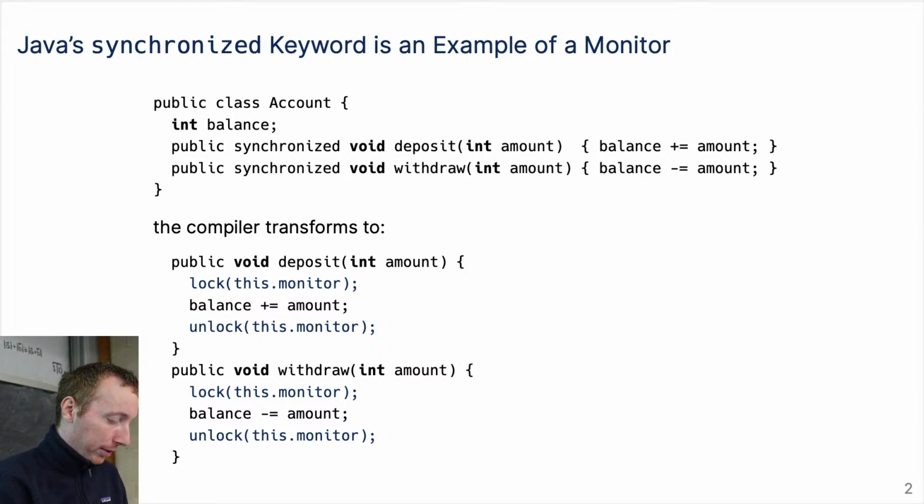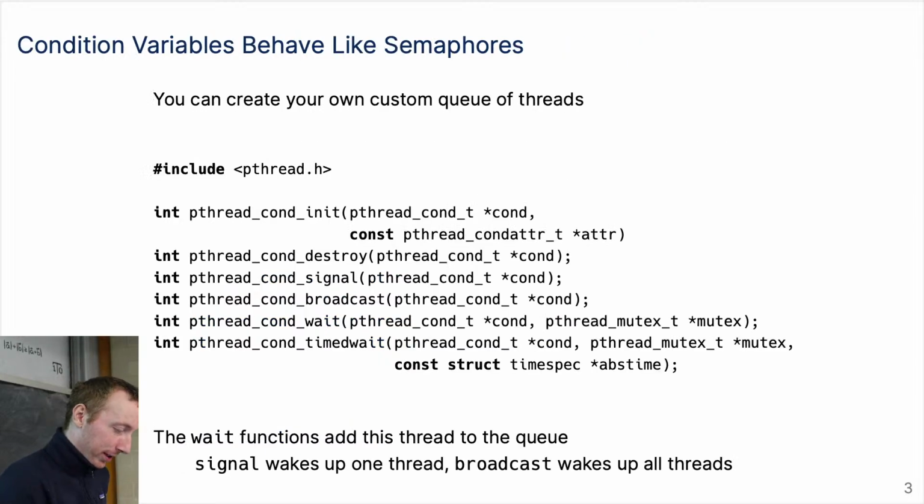The deposit would just have a lock whenever it's entered and an unlock before it returns, and same with the withdrawal, and they'll be using the same mutex. That will make it so you don't have to argue about data races in all your synchronized methods. So that's just one shortcut that you might see, if you happen to have the unfortunate, not really a privilege, of having to use Java.